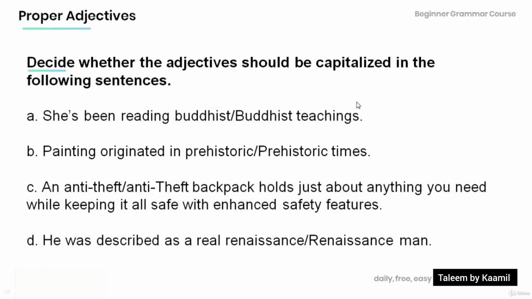And now it's time for you to practice on your own. Read the following sentences and decide whether the adjectives should be capitalized. A. She's been reading Buddhist teachings. B. Painting originated in prehistoric times.